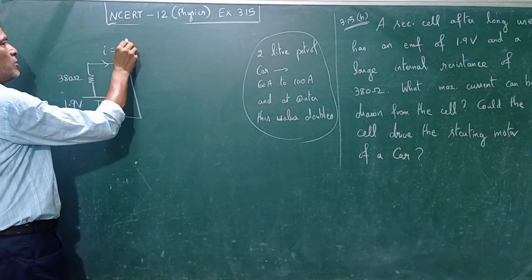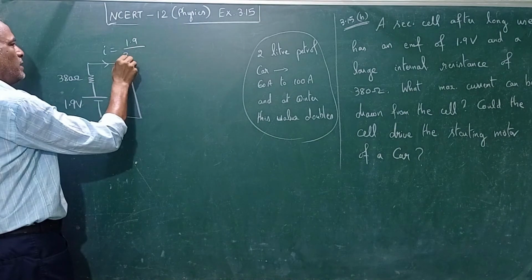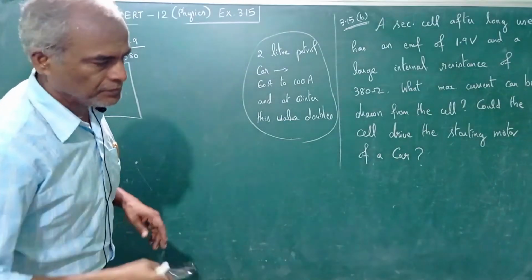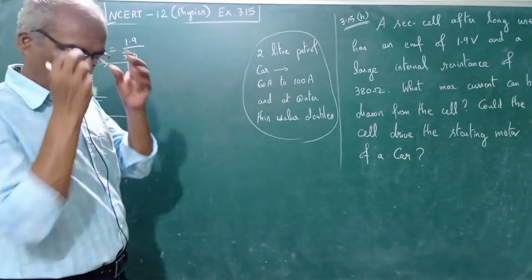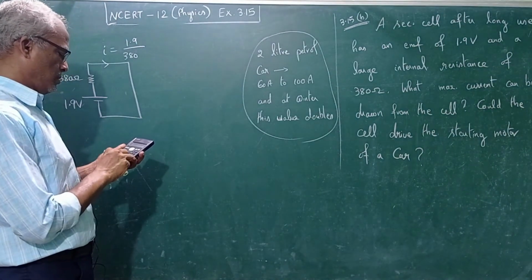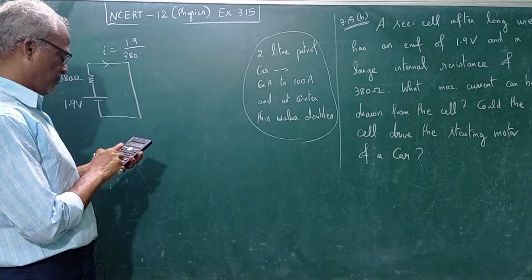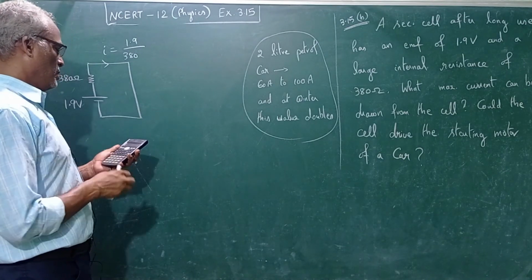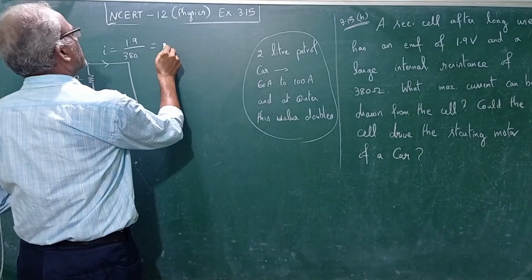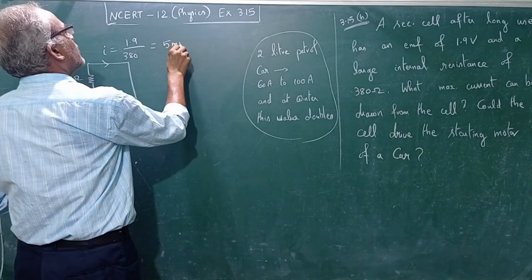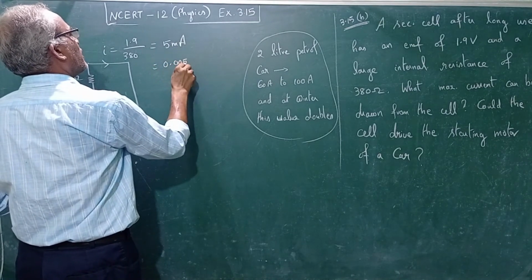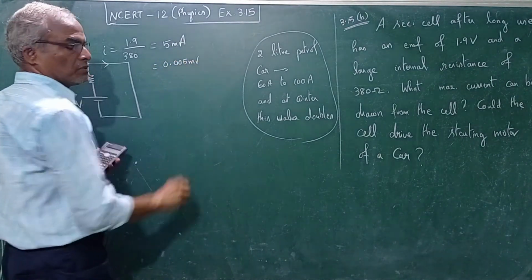I is equal to 1.9 divided by 380 ohms. That will give you 5 milliamps, that is 0.005 amps.